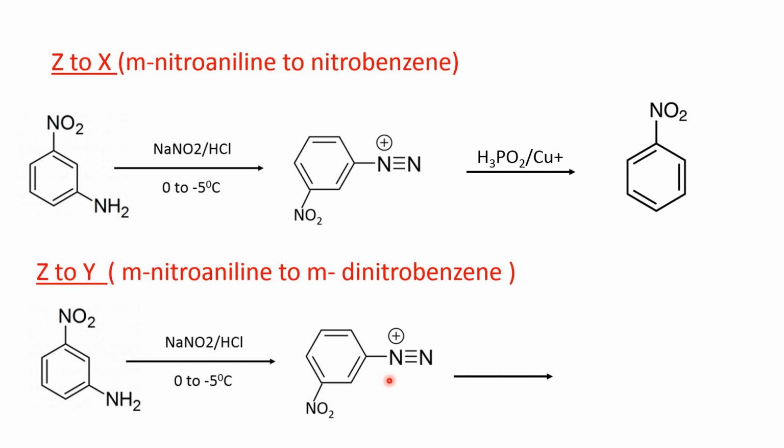Then what is the reagent? The reagent is sodium nitrite in presence of copper. Then this diazonium group is replaced by the nitro group. So we will get this compound, and in all these transformations, nitrogen gas is evolved.